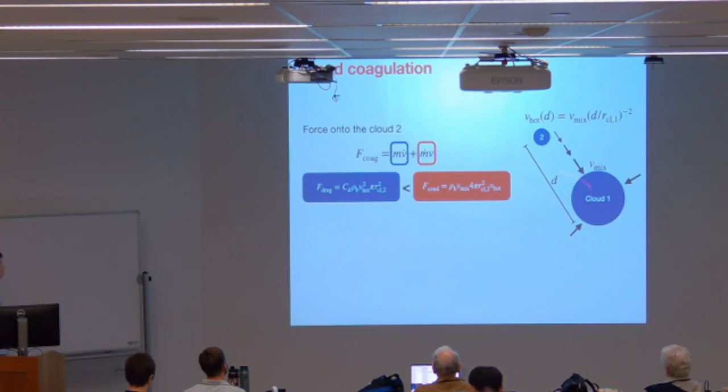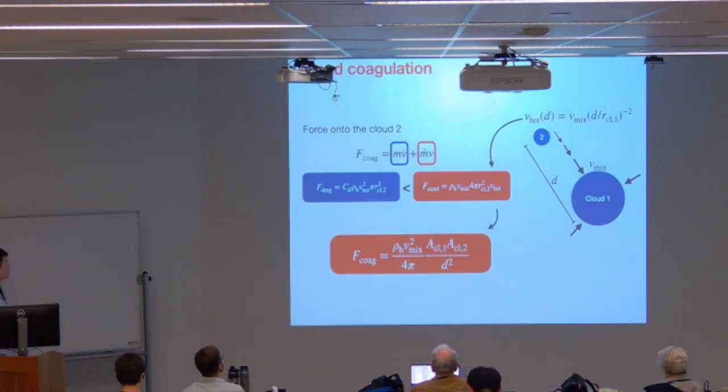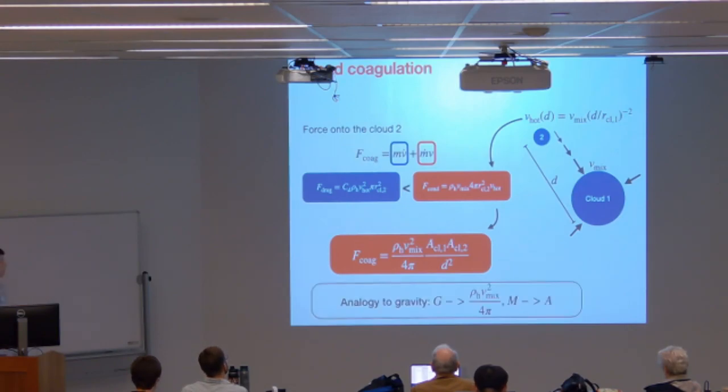So we can ignore the driving force and focus on the condensation force, and put v_hot into this condensation force. We can get the coagulation force in this formula. Looking at this formula, it's very familiar to us because we can make an analogy to gravity.